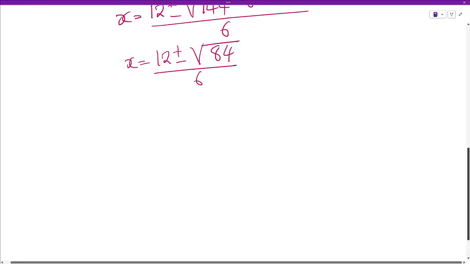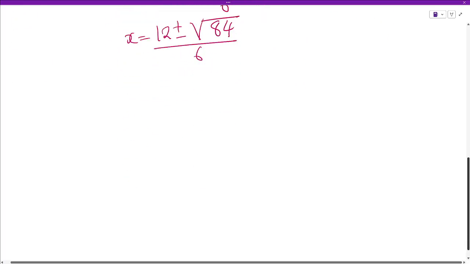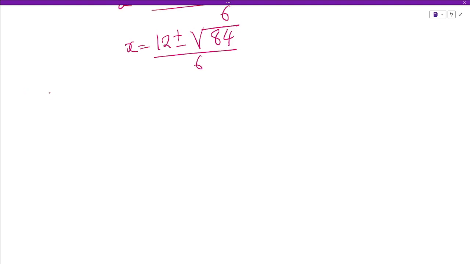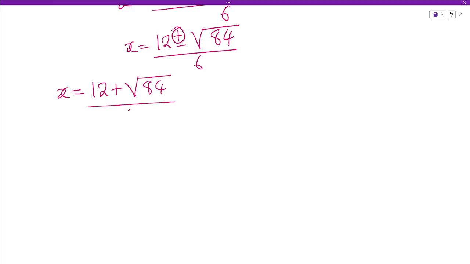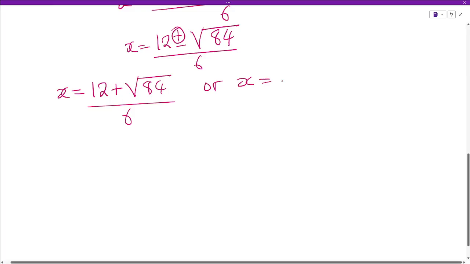At this point, you know the drill. We're now going to say x is equal to 12, we pick the positive, plus the square root of 84, and then everything over 6. Then x is equal to 12, we now pick the negative, minus the square root of 84, then everything over 6.